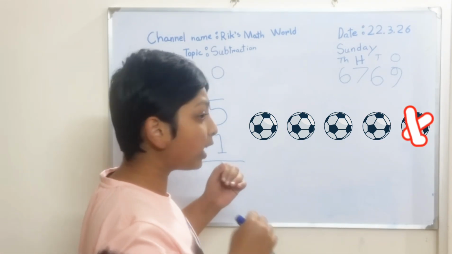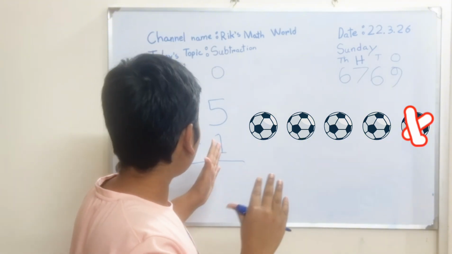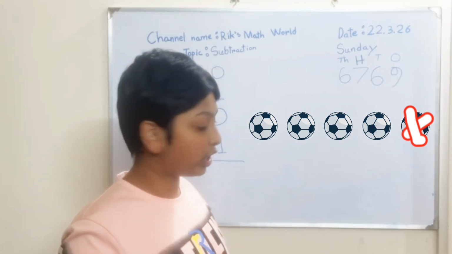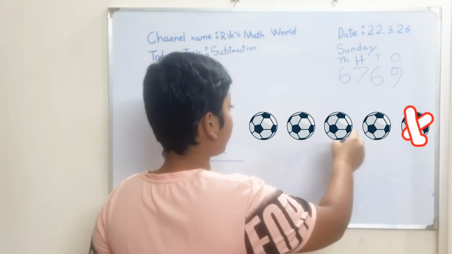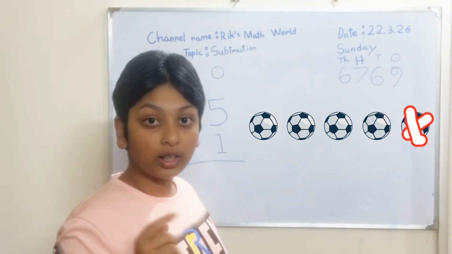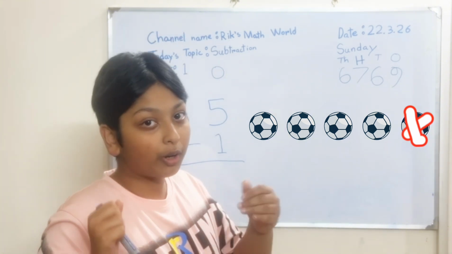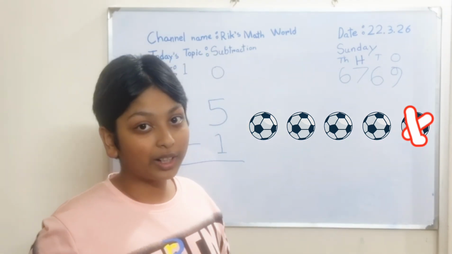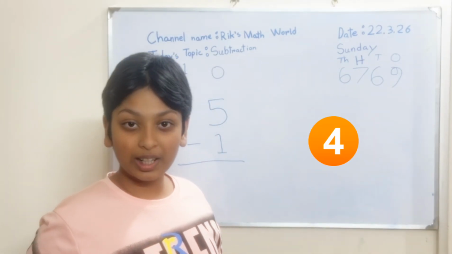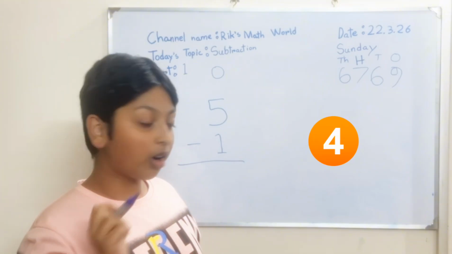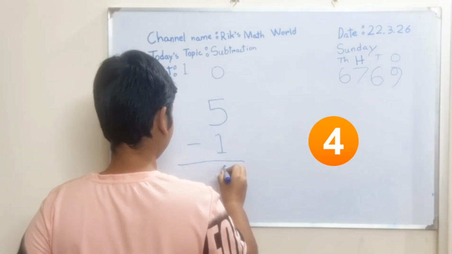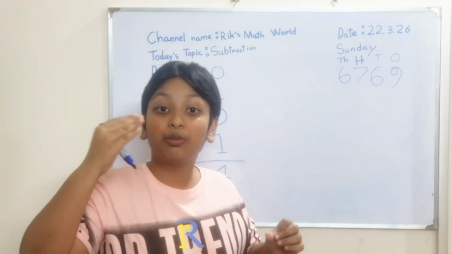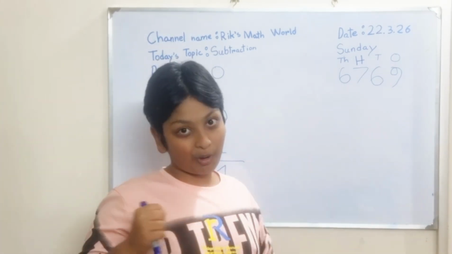So if you minus 1 football, and you now count them together, what do you get? 1, 2, 3, 4. So if we count them, we got the answer 4. So we will now write here the answer 4. Yes, just like that we solved this math problem also.